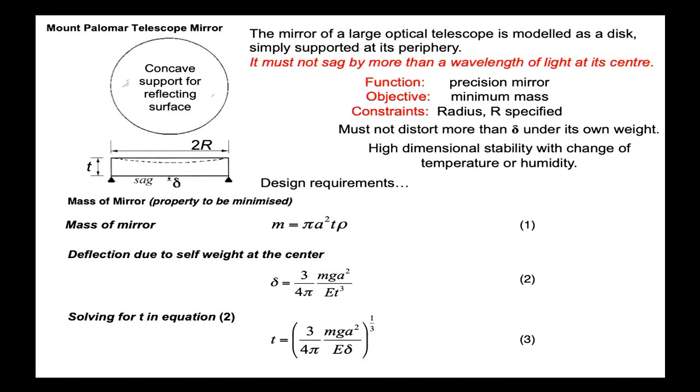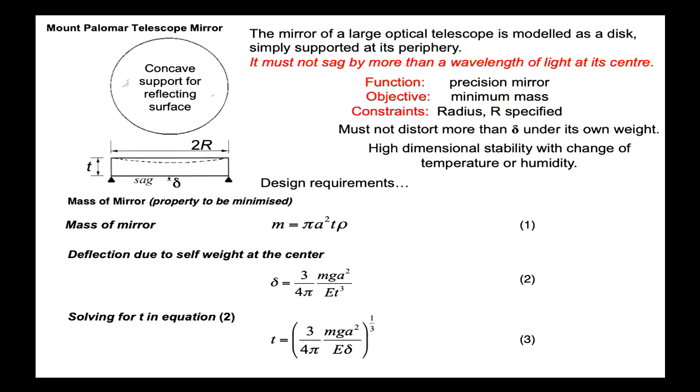So what we're after is this: we'll model it as a disk, and we'll simply support it at its edge. It must not sag, and this is a cracker, it must not sag by more than a wavelength of light at its centre, under worst case, gravity-style loading, which is not much sag at all.